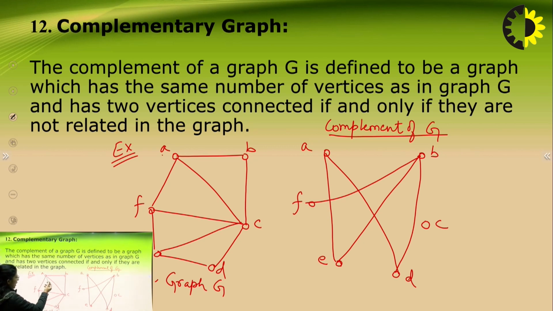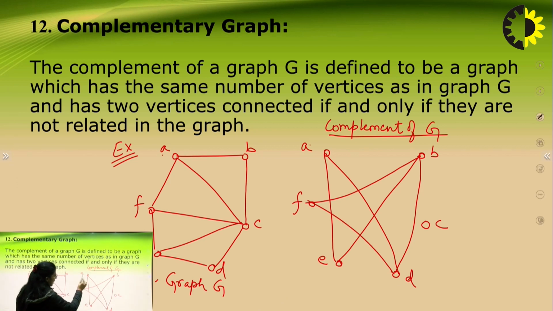Both F, A are not connected, but for F and A the edge is already present. For E, we have F, C and D, so A and B are not connected. We already added the edge here for A and B. And for F, F is connected to A, C and E, so B and D are not connected and we add that edge. So this is the complement for this particular graph.